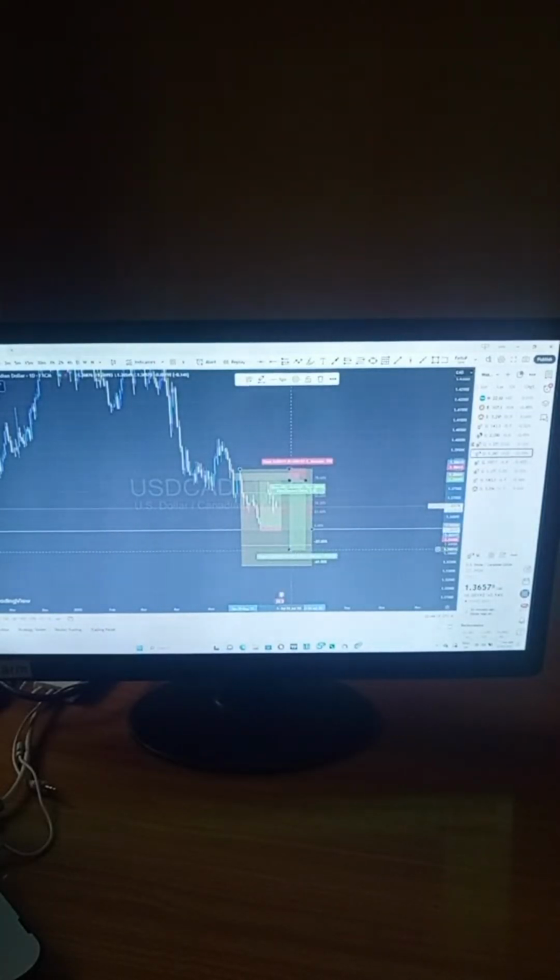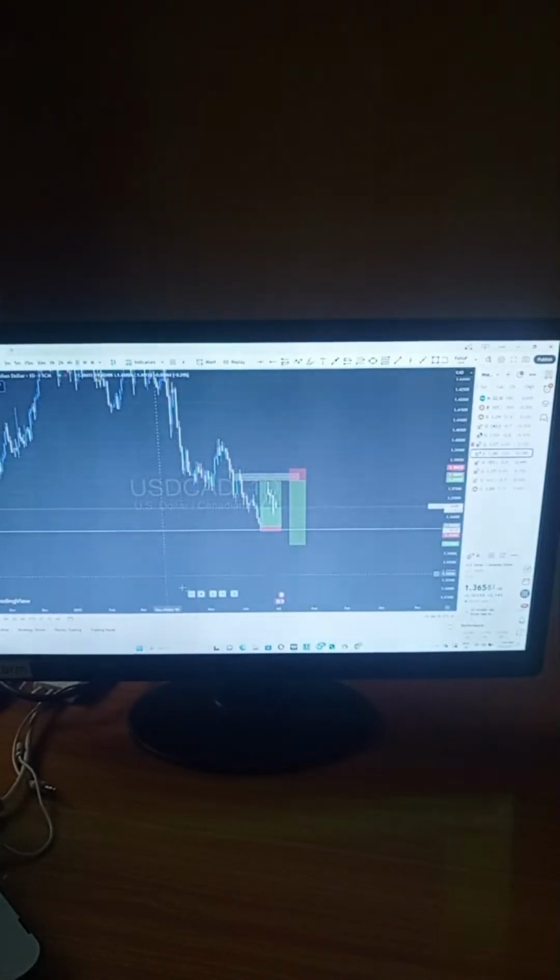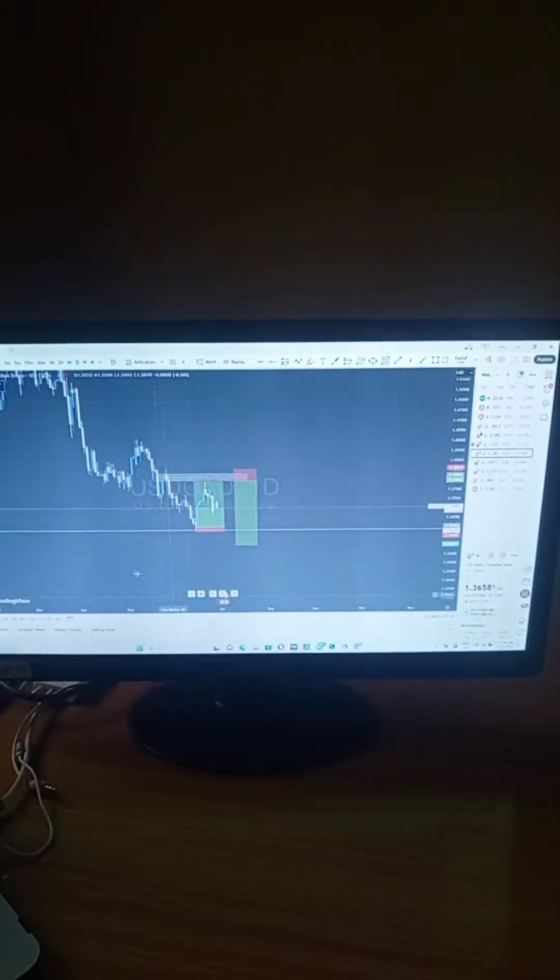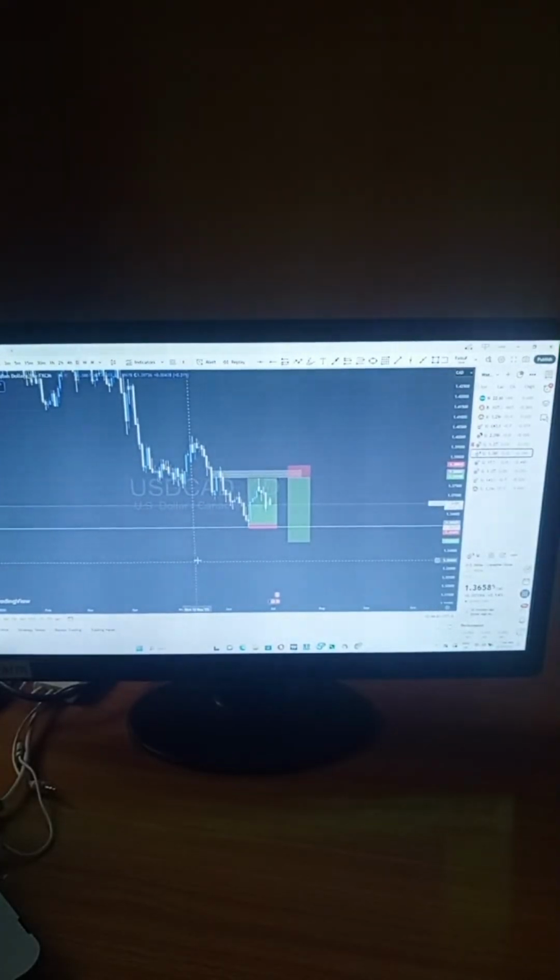I think this is where we have our TP. We have a trade running, but we did not trigger because we did not enter. So what we should be expecting now is a retracement.